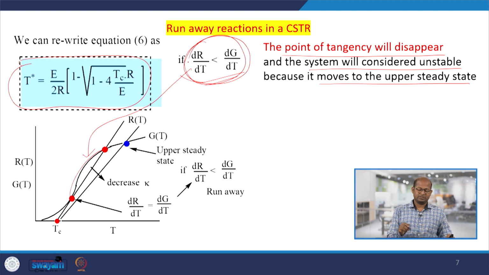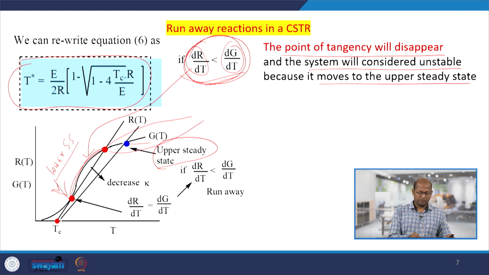If the heat removal dRT by dt is less than dg by dt, then the runaway condition exists, and the system moves from the lower steady state to the upper steady state, meaning the reactor temperature moves. So, if we start the reactions at the lower steady state, this is the lower steady state temperature and this is the upper steady state temperature.